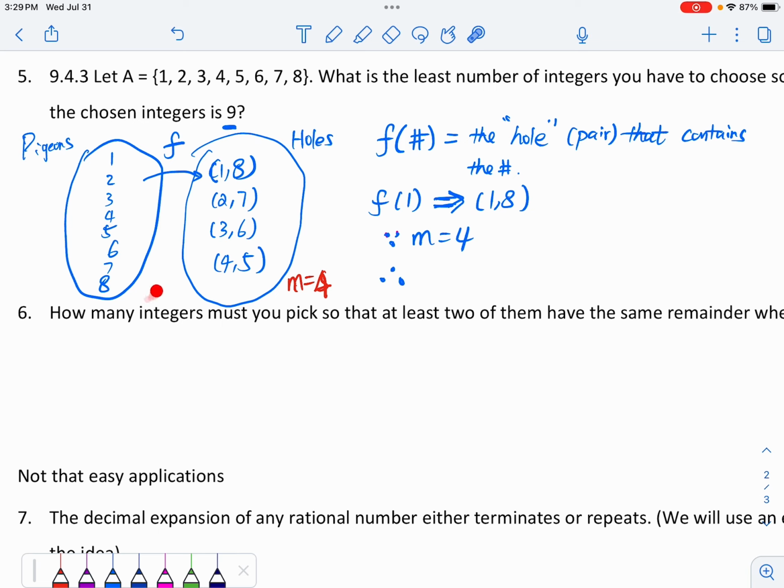So n has to be 5 or more. So you have to choose at least 5 integers. Then you guarantee you get at least one pair that adds to 9.